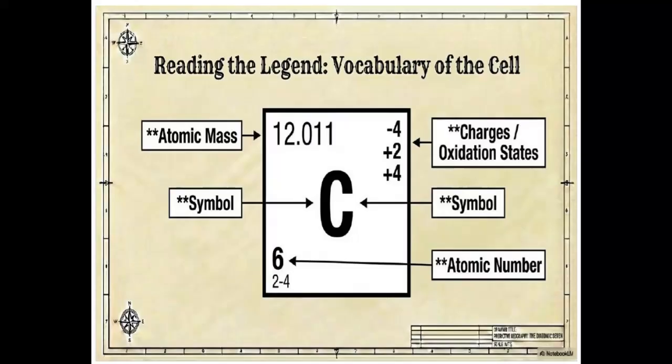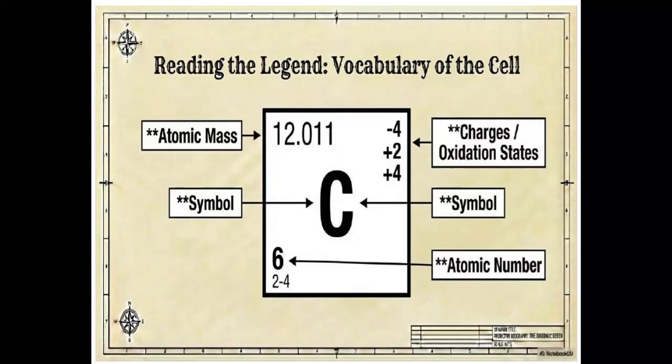They all have atomic numbers. They all have atomic masses in the periodic table. Some periodic tables have more information than others. Sometimes they add the charges or oxidation states, or they add this thing down here. Those are electronic configurations. We are going to deal with those later on.